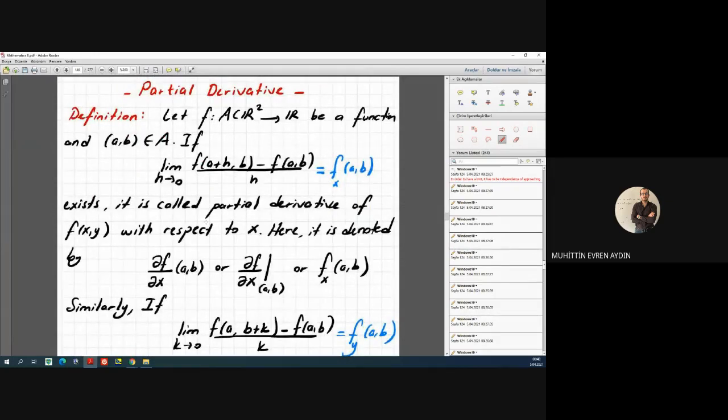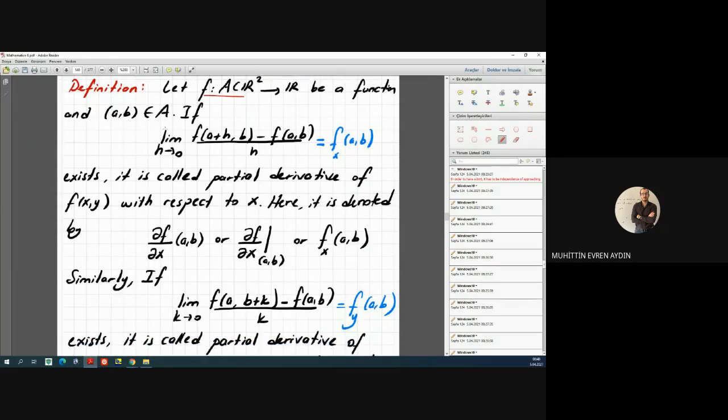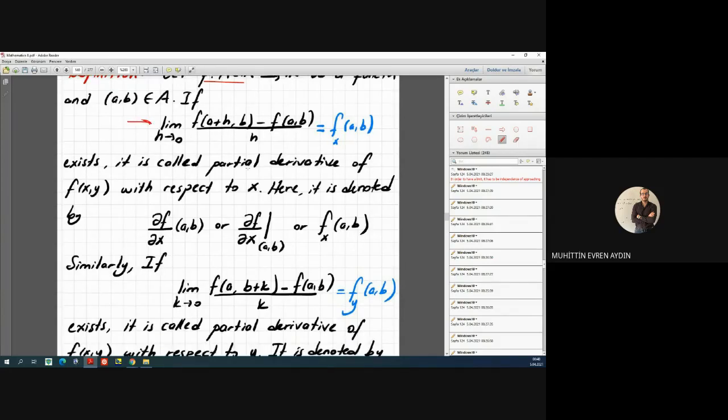Okay, partial derivatives. The partial derivative is how we take derivatives of multivariable functions. In particular, we concentrate more on two variable functions. Let's define it. Let f be a two variable function. If this limit exists, then it's called the partial derivative of f with respect to the variable x.